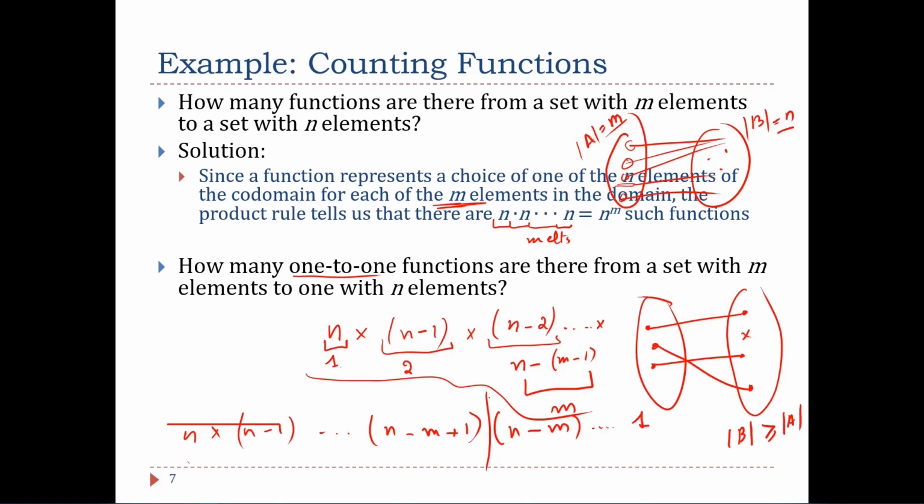So we know that this whole multiplication or product is equal to factorial of n, and we know actually that this part here that was omitted is equal to n minus m factorial, okay?